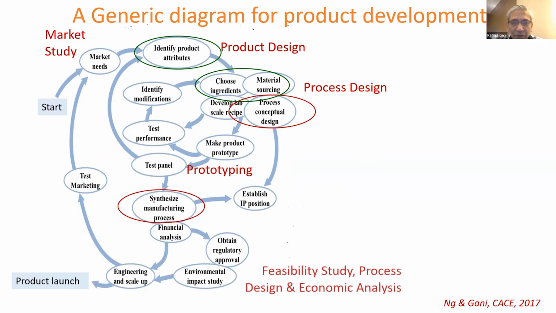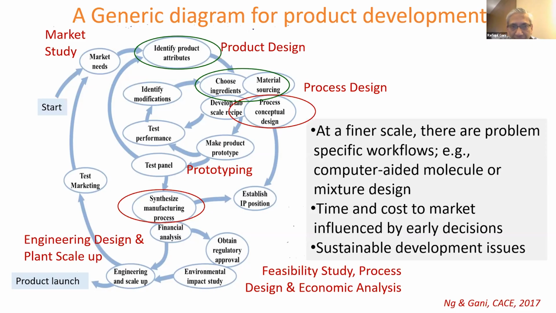If we want to go forward, then we do the detailed feasibility study, process design, and economic analysis, and then finally engineering design, plant scale-up before product launch. Of course, I'm not showing all the stages, just highlighting those stages where PSE, process systems engineering, could be involved.